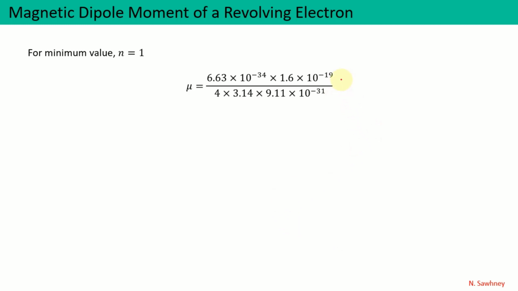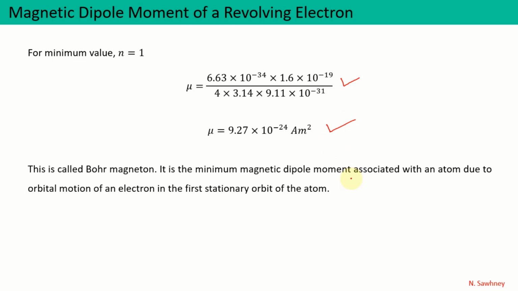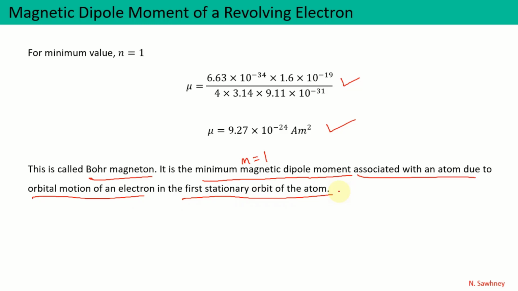So we have kept all the constant values in order to calculate the magnetic moment, and we have obtained it as 9.27 into 10 raised to the power minus 24 ampere meter square, which is called the Bohr magneton. It is the minimum magnetic dipole moment because we have kept the value of n as 1, associated with an atom due to the orbital motion of the electron in the first stationary orbit of the atom.